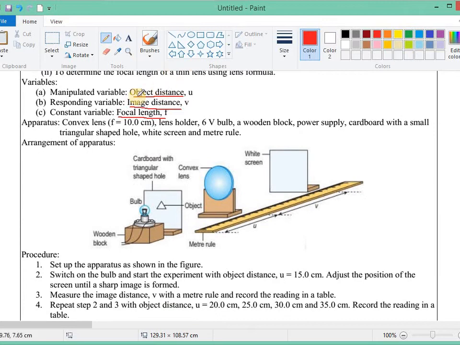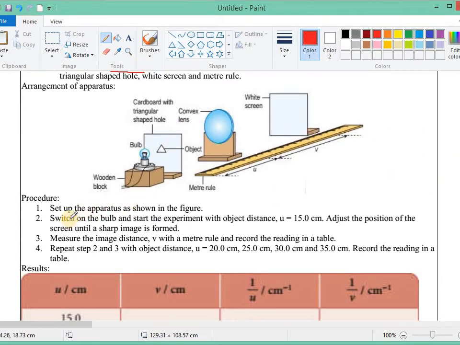We use a convex lens with focal length of 10 cm, lens holder, 6-volt bulb, wooden block, power supply, cardboard with a small triangular shape hole, white screen and meter rule. Set up the apparatus shown in the figure. Switch on the bulb and start the experiment with object distance 15 cm.